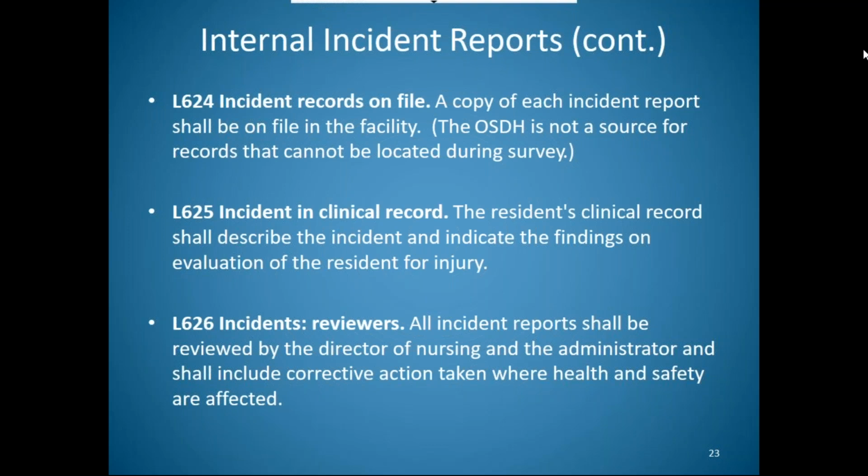That seemed to always be a big problem whenever I was on survey: we had access to everything except that, and then it took them several hours to actually get us access to those incident reports. So make sure that you understand surveyors are allowed to look at your incident reports.